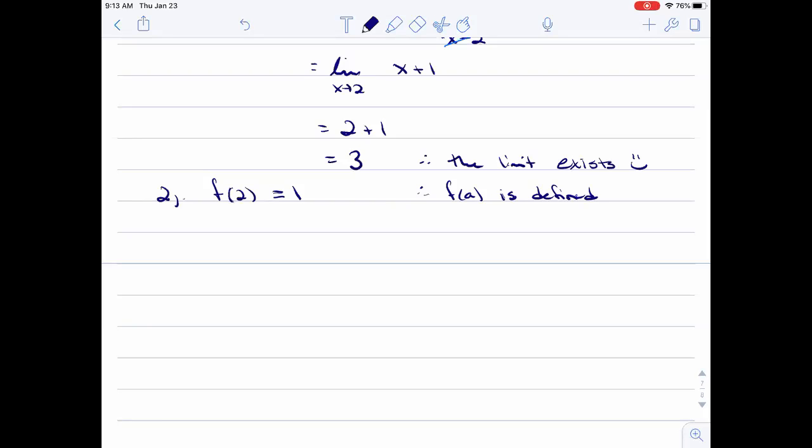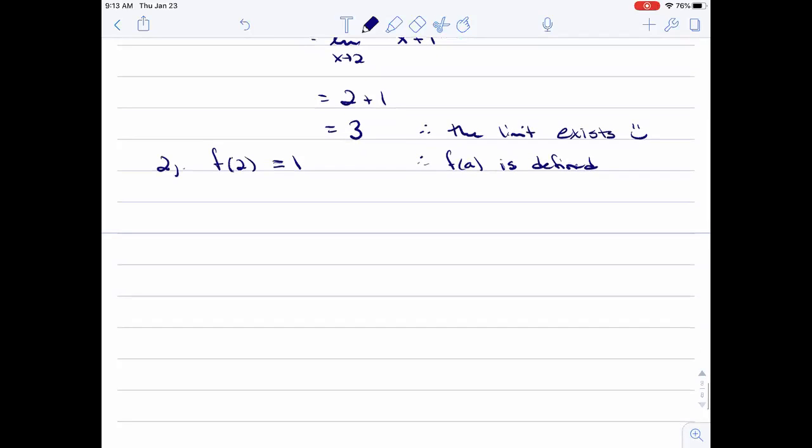The problem, though, that we can already see is that the limit is 3 and the function is 1, right? So the limit does not equal the function at that point. So we have this discontinuity.